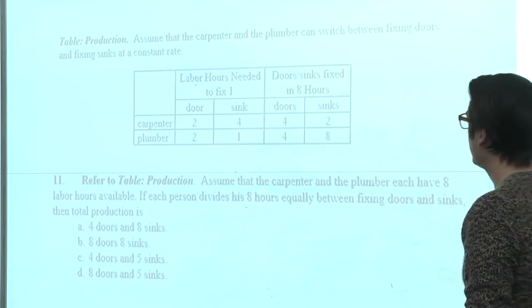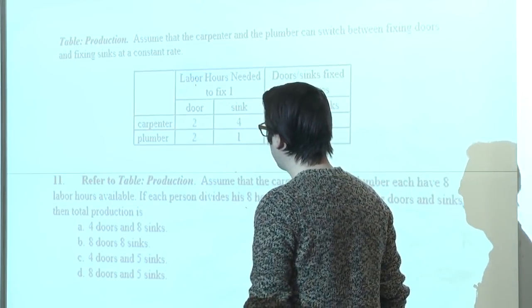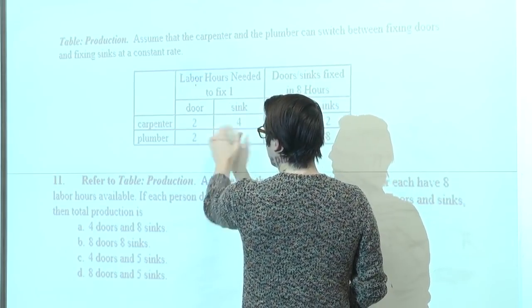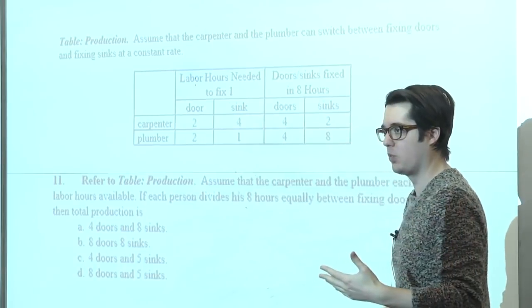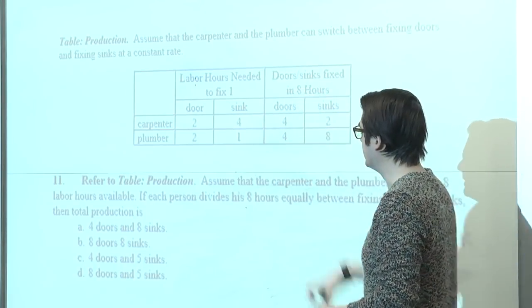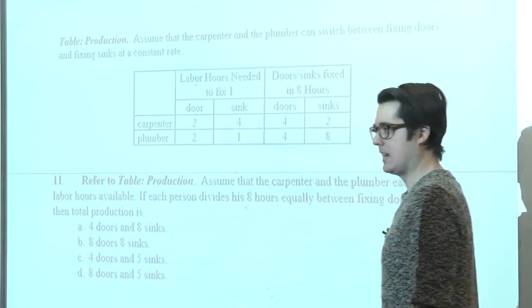Assume the carpenter and plumber can switch between fixing doors and fixing sinks at a constant rate. The left side of the table is the hours they need to fix one of these two things, and the right panel is the number of doors or sinks they can fix in an 8-hour period.